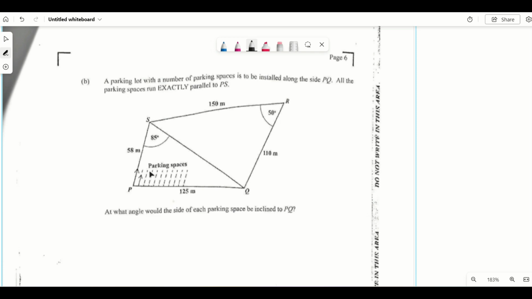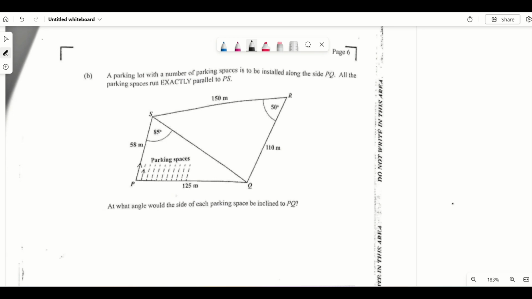So these parking spaces have the same angle to PQ as PS has to PQ. At which angle would the side of each parking space be inclined to PQ? So they're basically asking you to find this angle right here, from your parking space to your wall PQ.